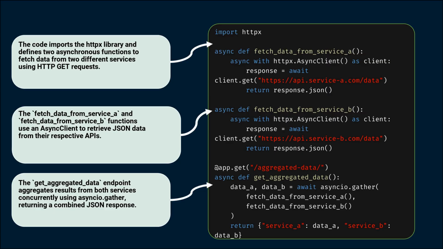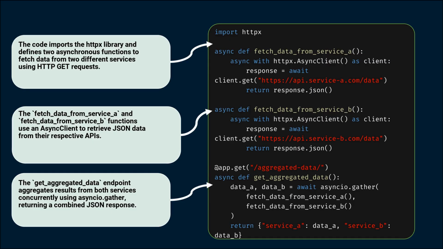Now, next up, we create an API endpoint called getAggregatedData. This is where the magic happens. We execute both fetching functions simultaneously by employing asyncio.gather. This nifty function allows us to launch both tasks at once, significantly reducing waiting time and boosting the overall responsiveness of our API.